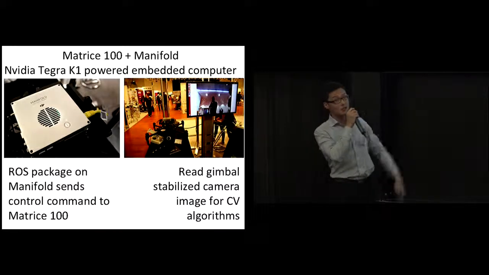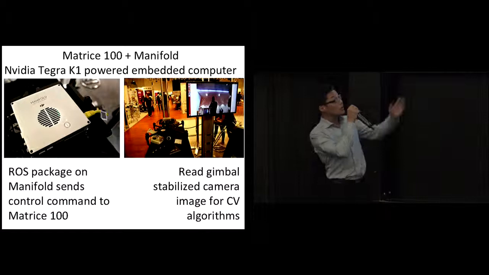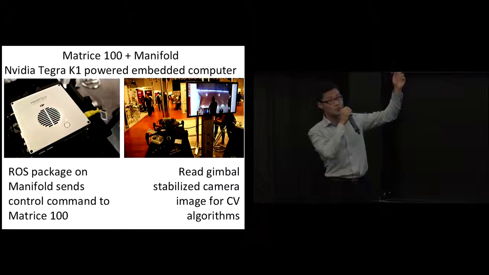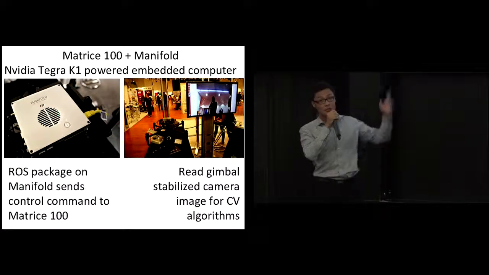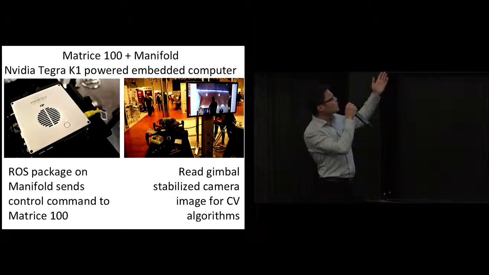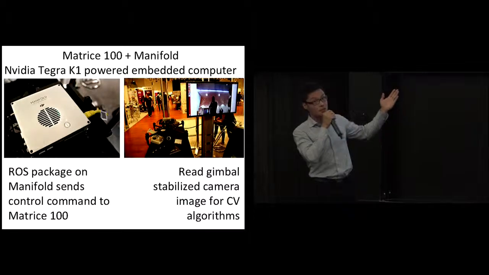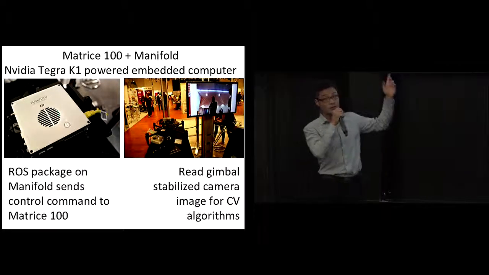This photo was taken during the IROS exhibition several days ago, showing that we have used our platform to read the camera image and display it as on a conventional Linux machine. And you can use OpenCV to process the image and run your computer vision algorithms. And our system is built on ROS. You can have your ROS program talk with our flight controller via our ROS package.